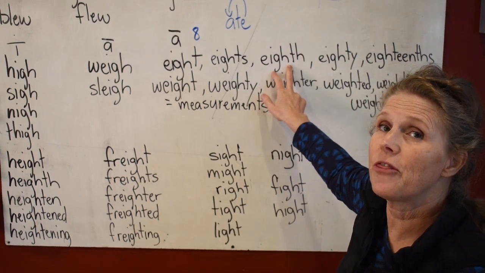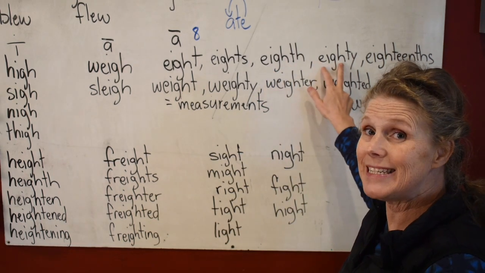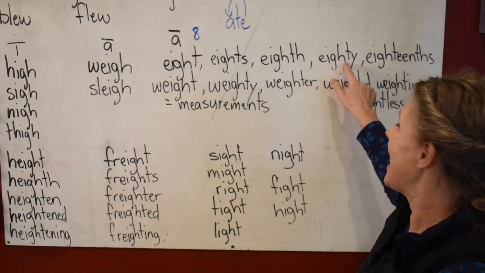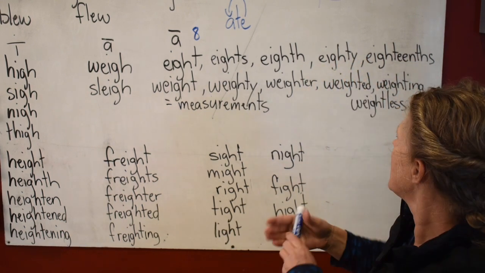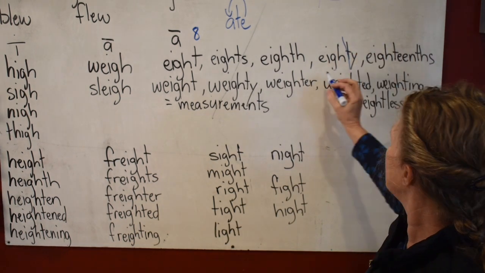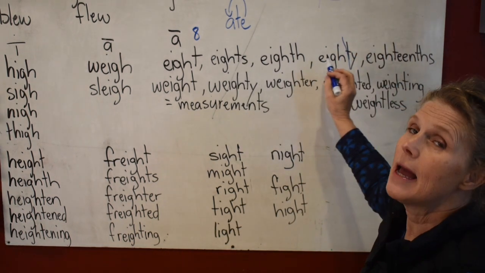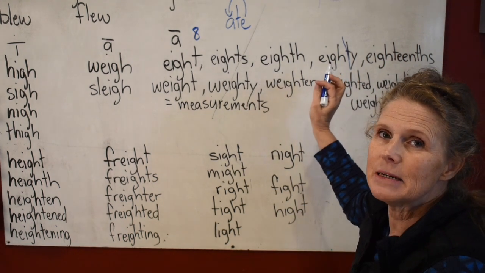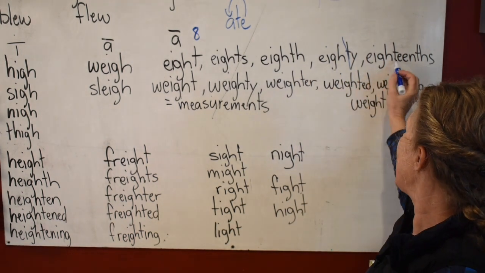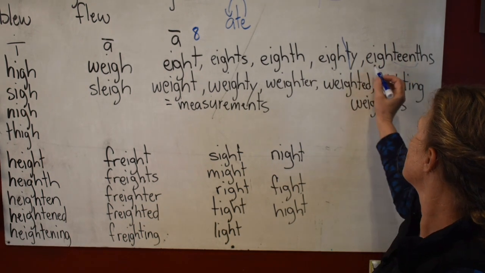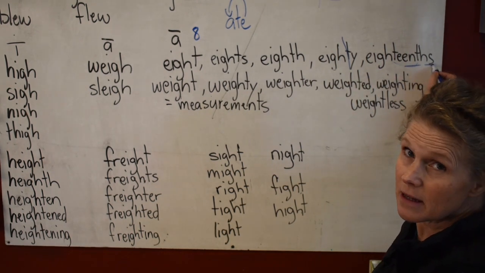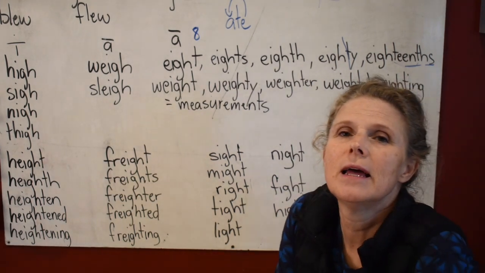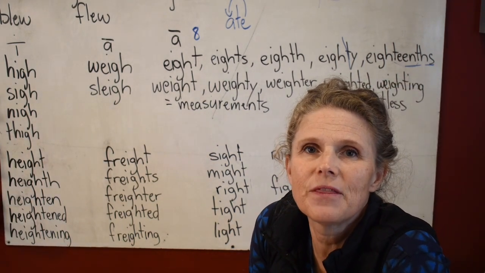Eighth. A-T. So you have A and then T. It breaks right here. And then eighteenths.